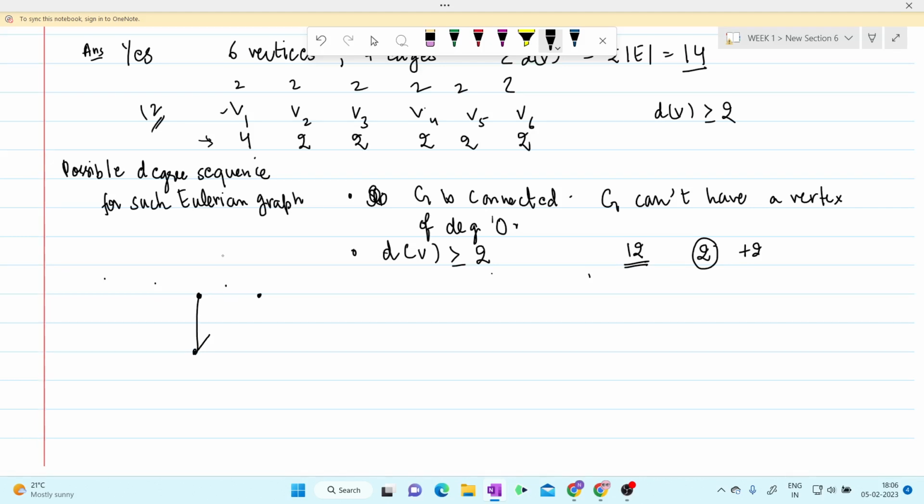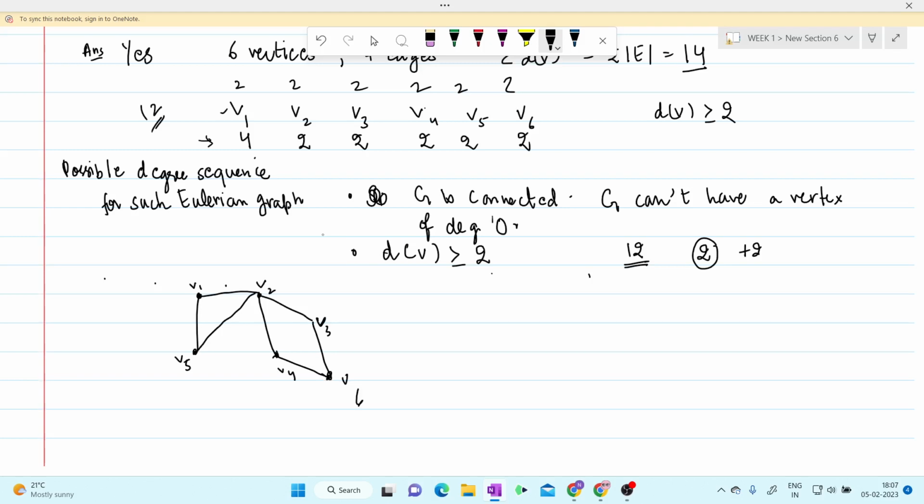See this. Now just put the numbers. V5. Remove the edge between V4 and V3. Okay, let me make a square. Yes, it's possible.